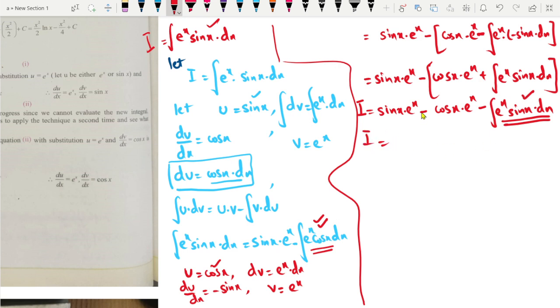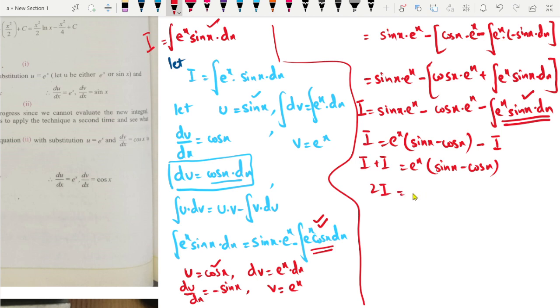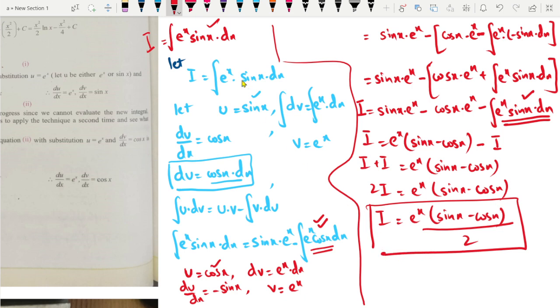So I is equal to, taking e^x common, e^x (sine of x minus cos of x) minus I, and this I when it comes to the left hand side will become plus I. So 2I is equal to e^x (sine of x minus cos of x), and I is equal to e^x (sine of x minus cos of x) divided by 2. So this is our answer. The integral of e^x sine of x is equal to this one.